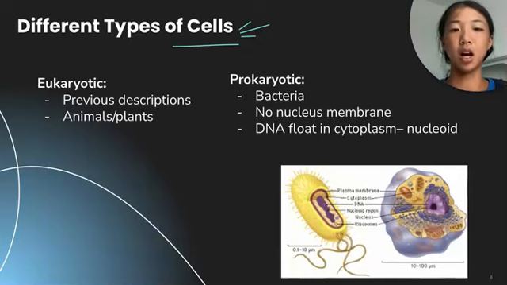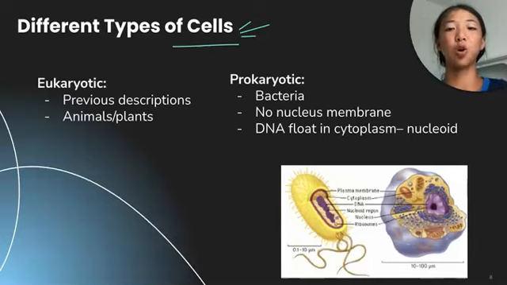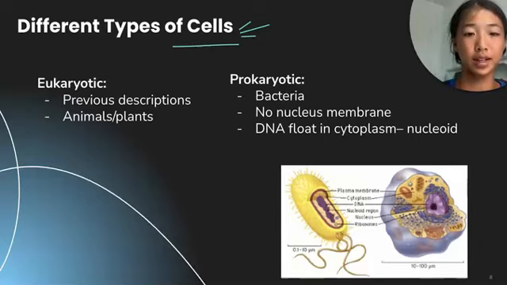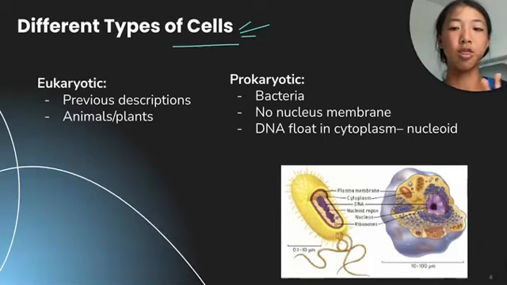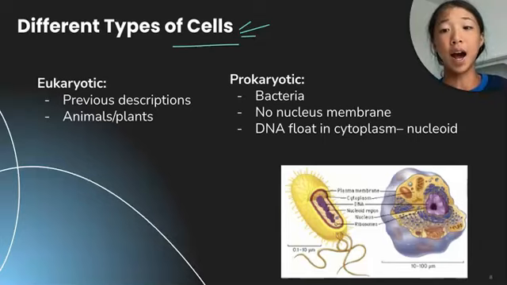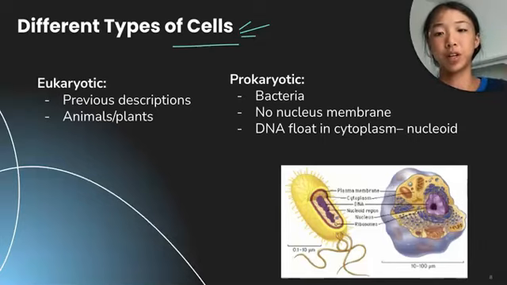Before we wrap this thing up, I have one more thing to teach you about. There's 2 different types of cells, and the one that we've been talking about only applies for the eukaryotic cells, and those are mostly shown in animals and plants. Now, there's a whole different type of cell.